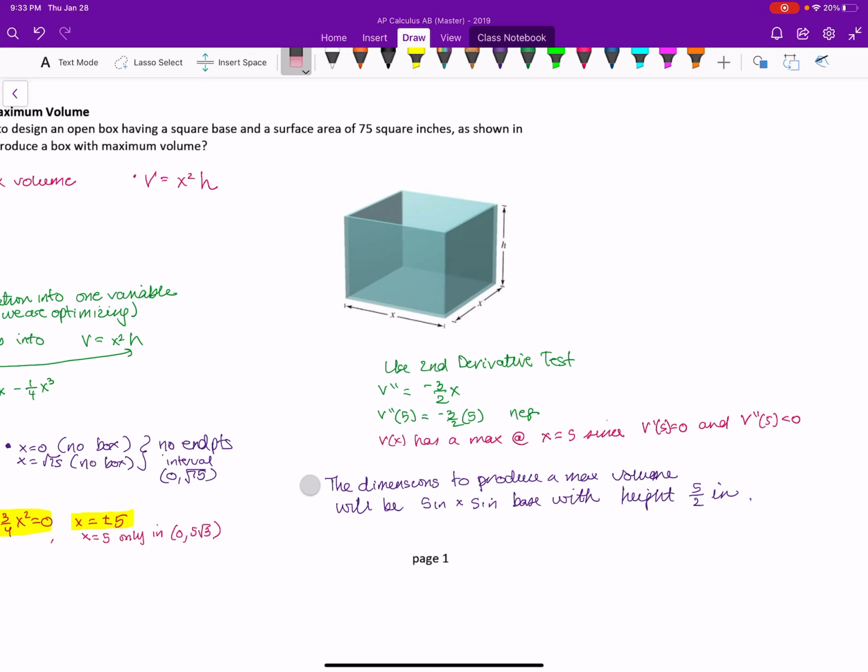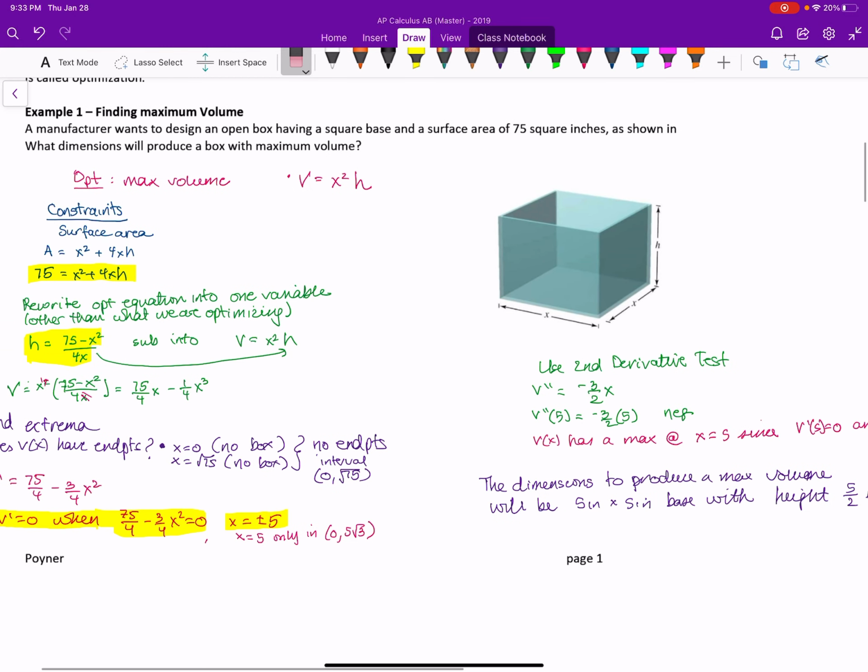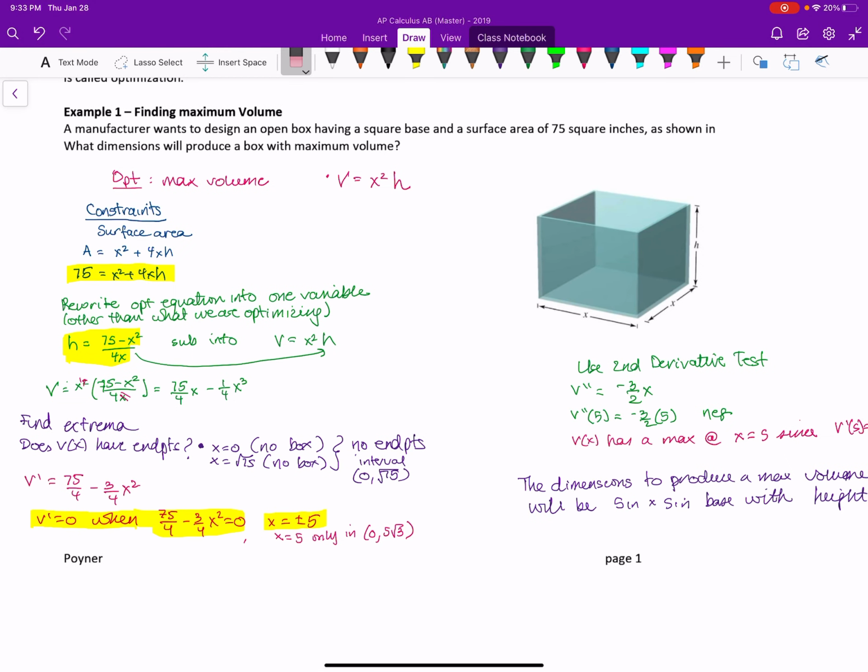And then I know that the dimensions of this particular box would have to be 5 by 5 for the base, and then what's left for the height is 5 halves, I think. And the way that I figured that out is you could put it in the surface area, right? So you have 75 is equal to, the base would be 5, so that's 25, plus 4 times 5 times height.